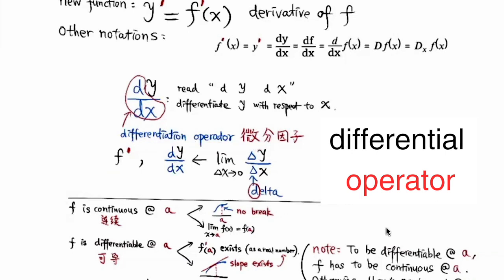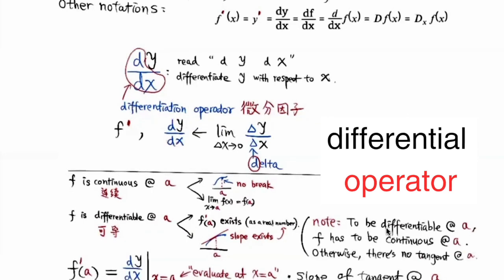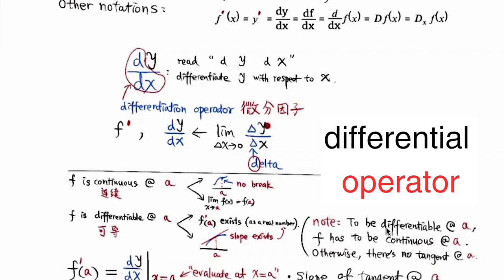This notation, the differentiation operator, kind of makes sense. Remember, the derivative is the limit of this quotient, right? As delta x approaches 0, the delta here stands for the change in y over the change in x, so it is the limit of this average rate of change.